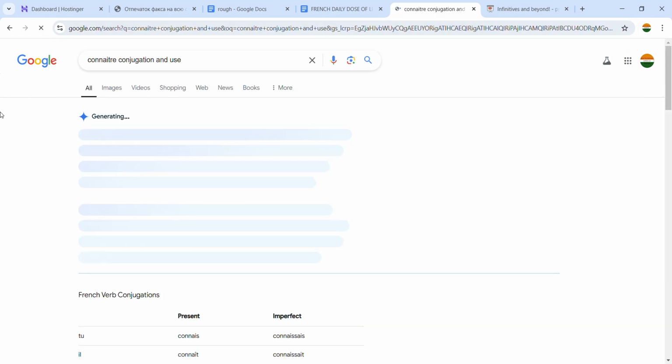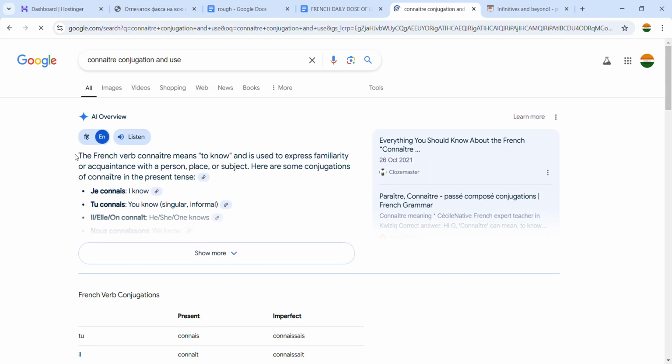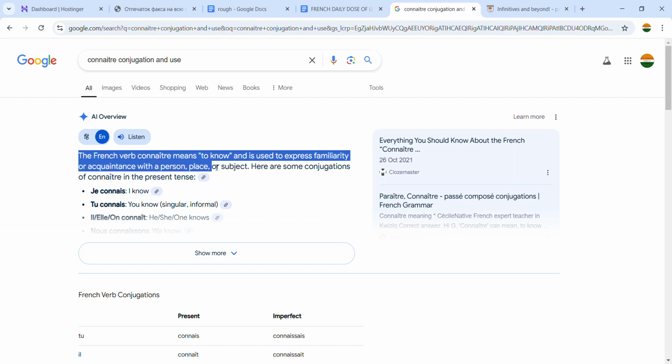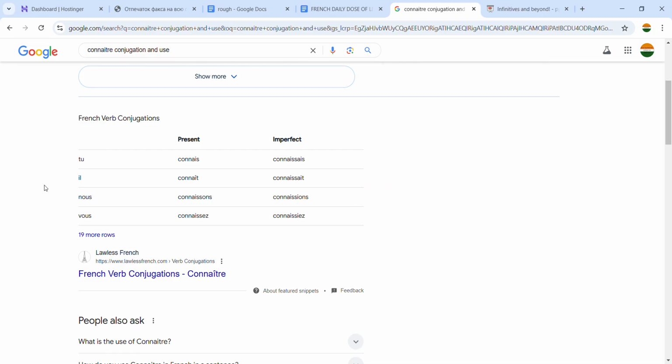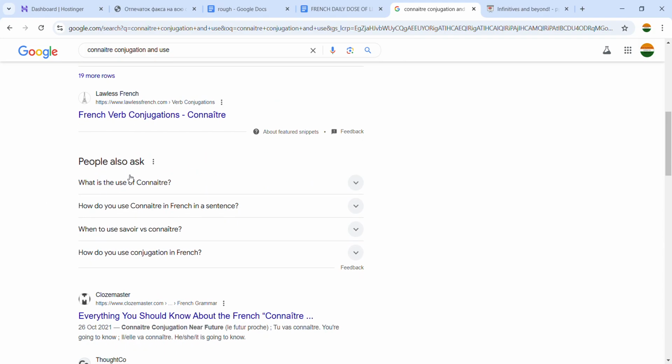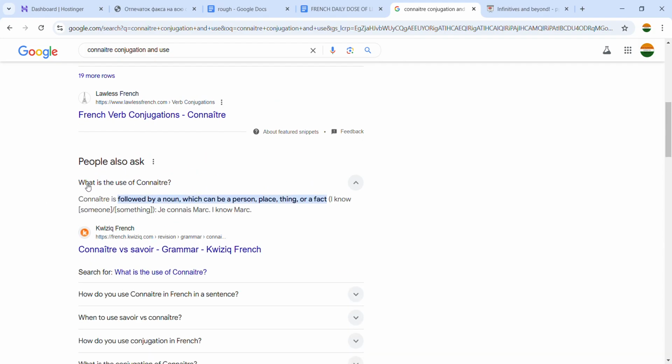First of all, the French verb connaître means to know and is used to express familiarity or acquaintance with a person, place or subject. So always remember this verb is used to express familiarity. Just note down one point, because there is one more verb which could confuse you for a short time, and with the passing of time you will become an expert.